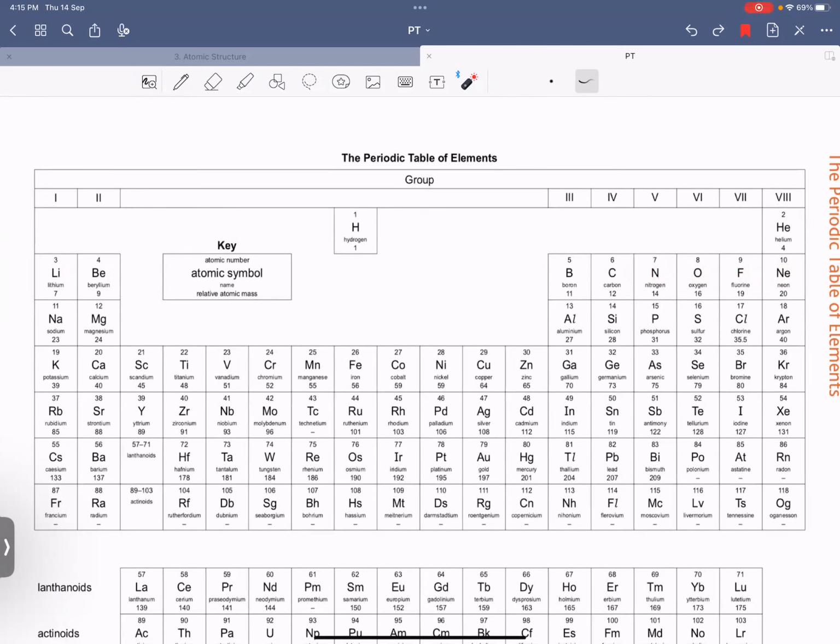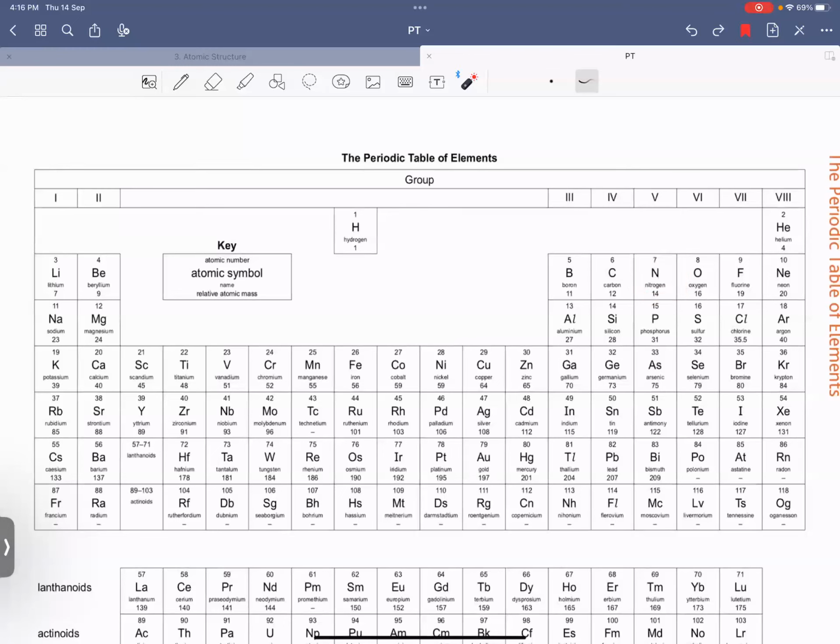Now if you look at the electronic configuration of lithium again, how many shells are there in lithium? 2. In the first shell you filled 2 electrons, and in the second shell you filled 1 electron. Now look at the shells in nitrogen. 2.